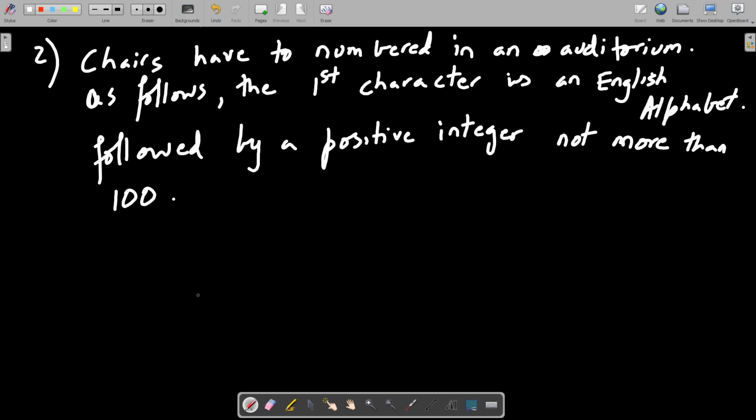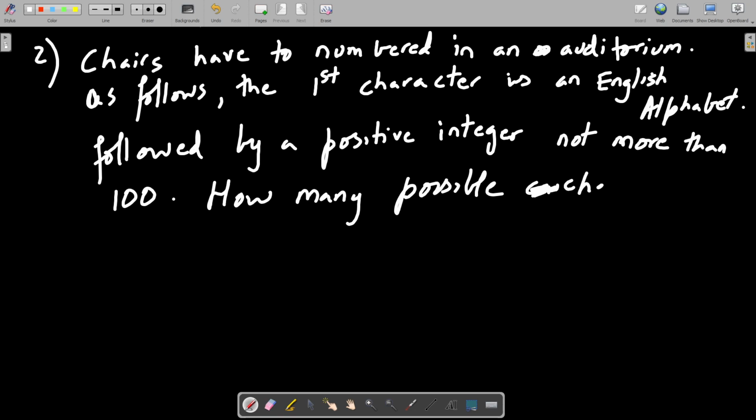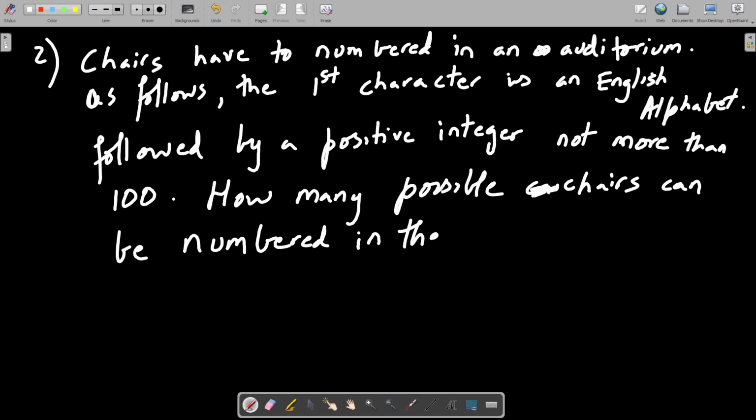Okay, so now how many possible chairs can be numbered in the auditorium?